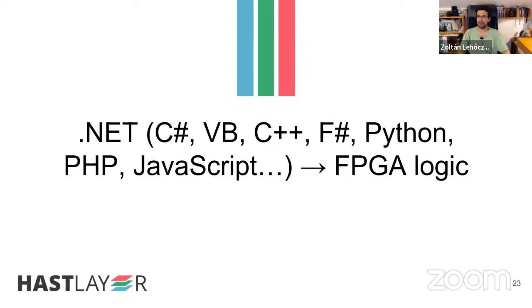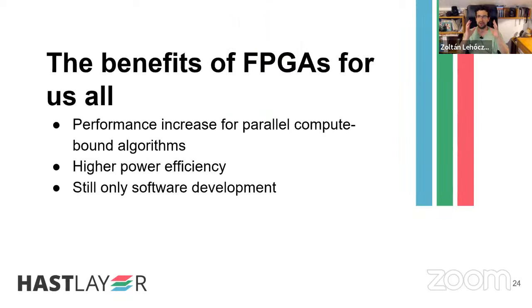And this means that not just C# or Visual Basic can be used, but also C++ or functional languages like F#. We actually have an F# sample as well, or even scripting languages. So all in all, what we are talking about here is to get the computing benefits that FPGAs can provide for all of us software developers.